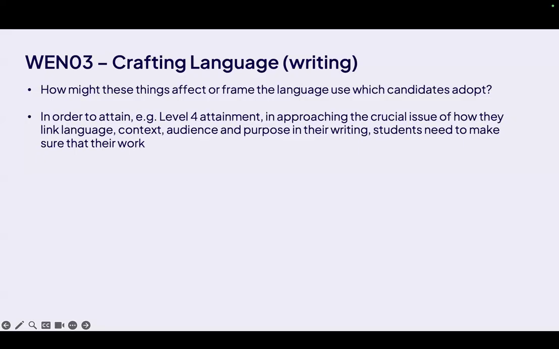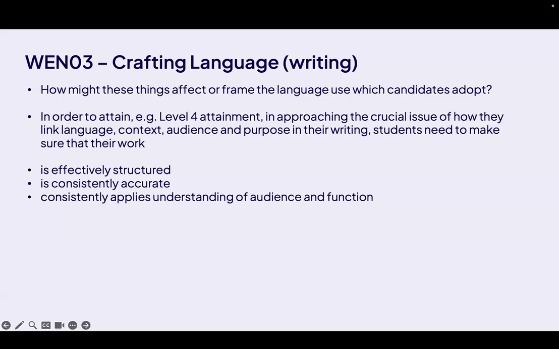They need to know that their speech works, that the purpose, the context, and their audience are all mixed together, and that the function of the text is working. It's effectively structured. It's consistently accurate. This consistency applies understanding of audience and function. So the writing of the speech is that connection with the audience, the understanding of the audience, and the function of what's going on there, what the purpose of the speech is.